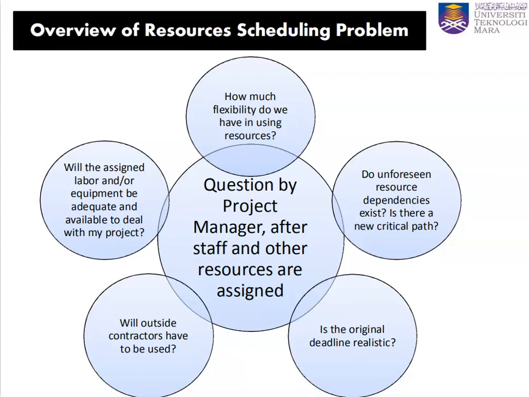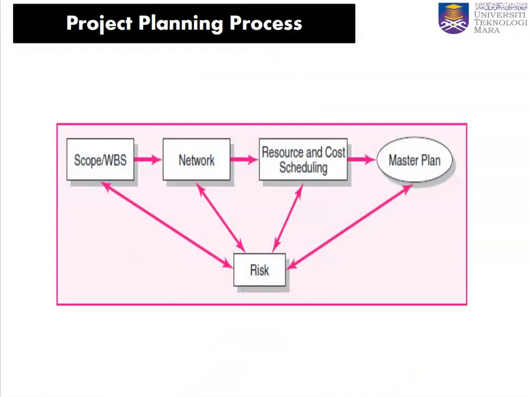Though staff and resources have been assigned, we should look into the project planning process that we've done before. When we have a scope or work breakdown structure, we draw the network diagram, estimating the earliest start time, late start time, duration, floats, and late finish time, using the forward and backward pass technique of the network.